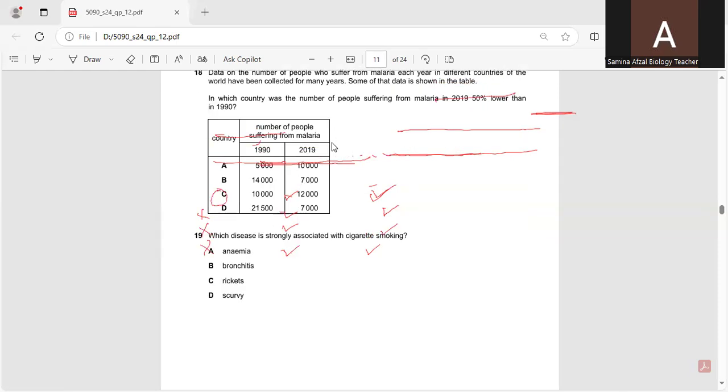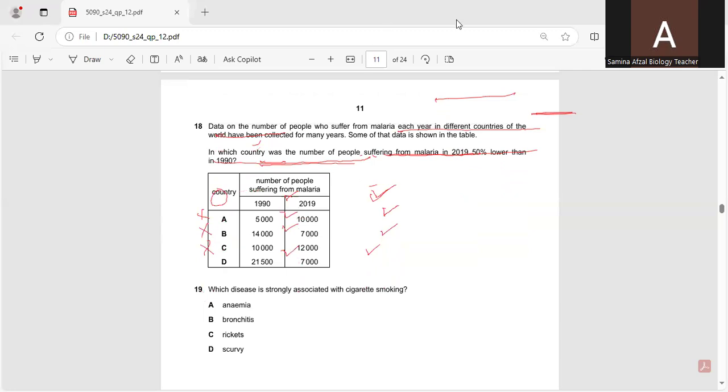Now question number 18, in which a table is shown. Data on the number of people who suffer from malaria each year in different countries of the world have been collected for many years. Some of that data is shown in the table.